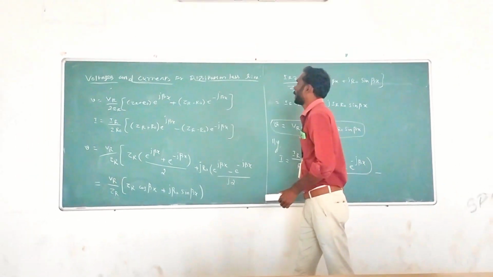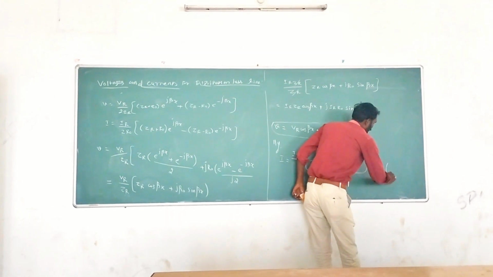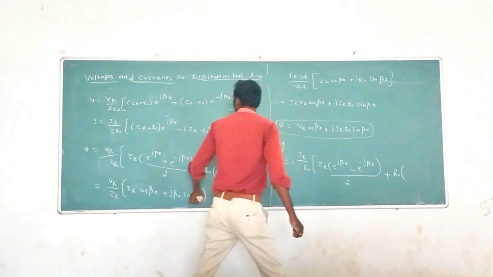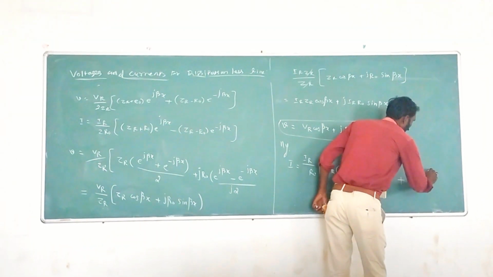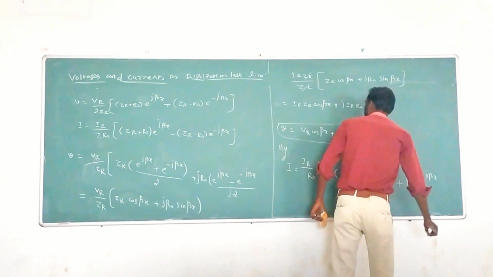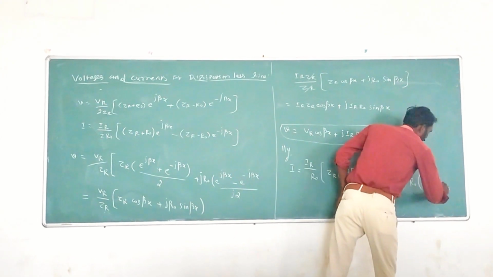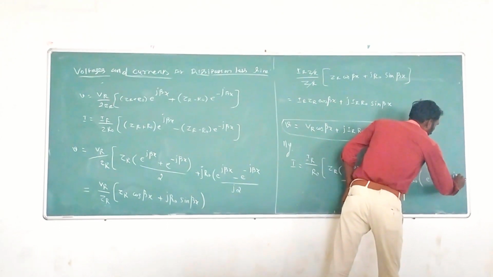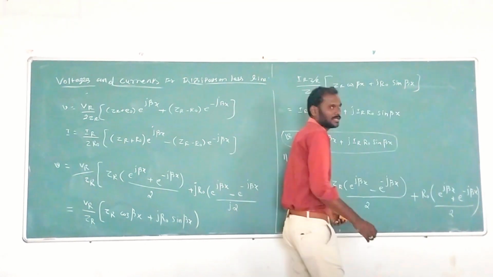Plus R naught, take the R naught: e power j beta x, this R naught is a plus, minus 2 is minus, plus e power minus j beta x by 2. So this is the current.